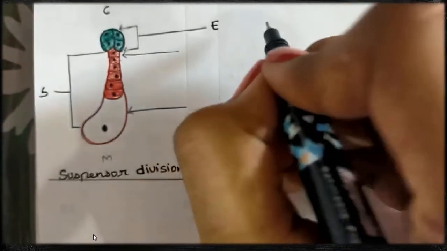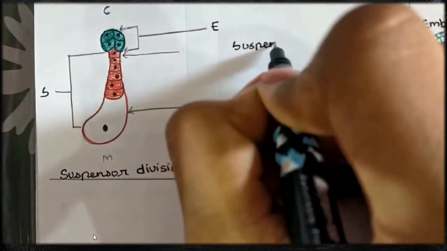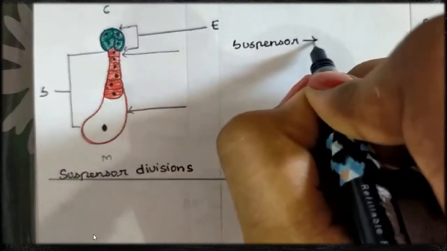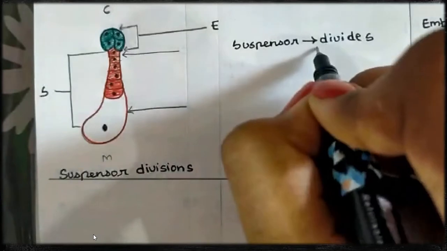Now the suspensor initial cell divides to give rise to around 6 to 10 cells, and these cells are filamentous in nature.